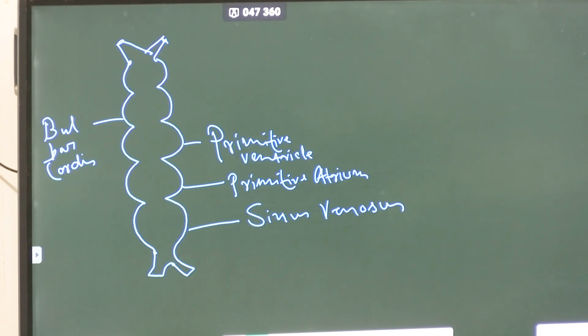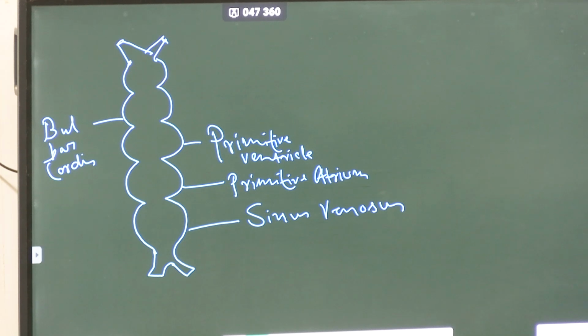It is the part of the body cavity which lies centrally just in front of the procordal area, that is known as pericardial cavity. Just below this pericardial cavity, this splanchnic mesoderm is known as cardiogenic area. Cardio means heart, genic means production. Production happens from here.